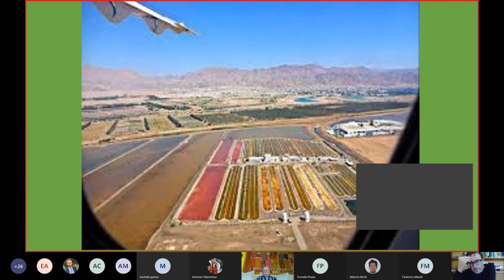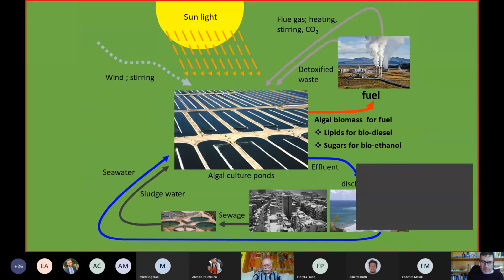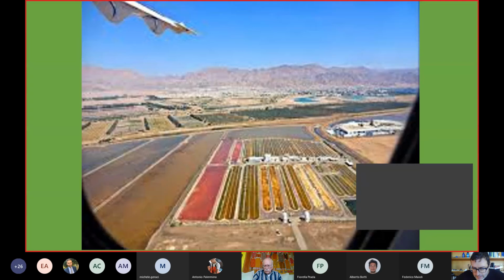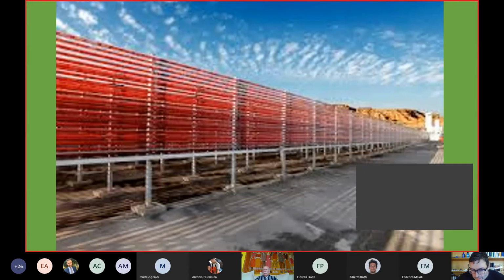And then the biosynthetic process is directed toward maximizing the amount of cellular content of beta carotene. So I want to underline, this is in the middle of the desert, near the Red Sea, and the fresh water comes from desalinization.